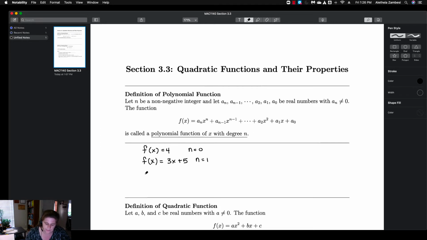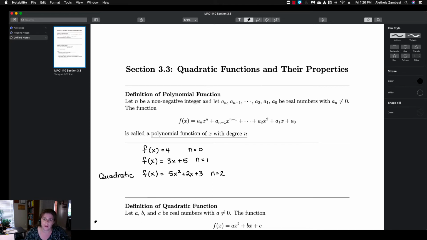Degree is 1. If we have a function like f of x is equal to 5x squared plus 2x plus 3, then n, our highest power of x, is equal to 2. This is the one that's a quadratic, and we'll be dealing with quadratic functions today.